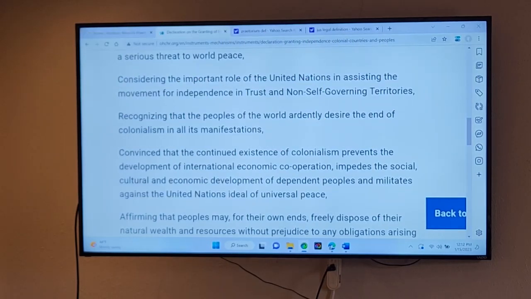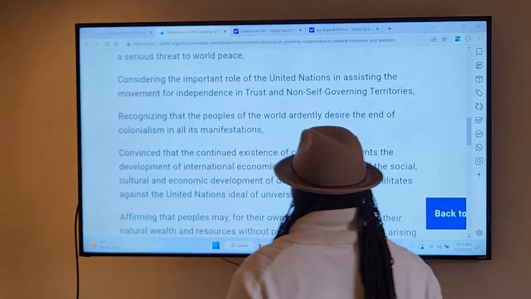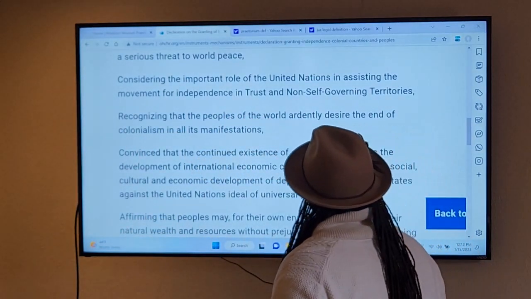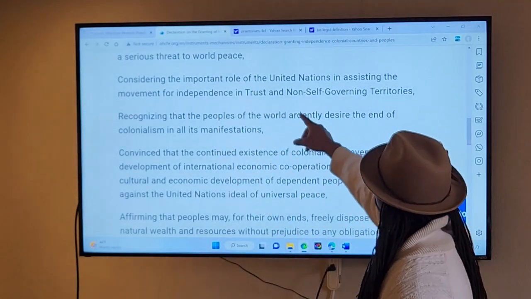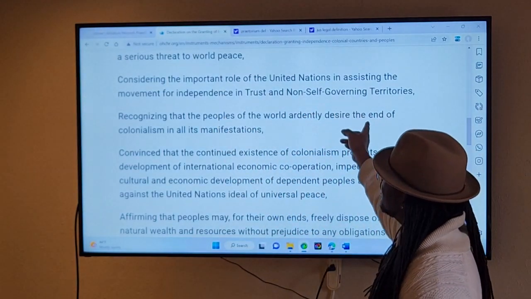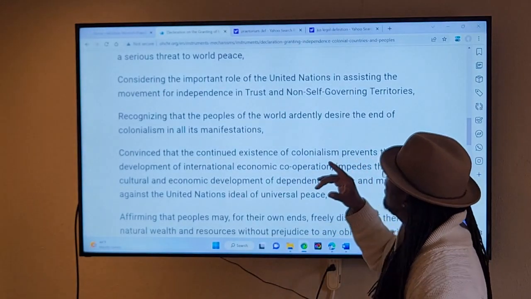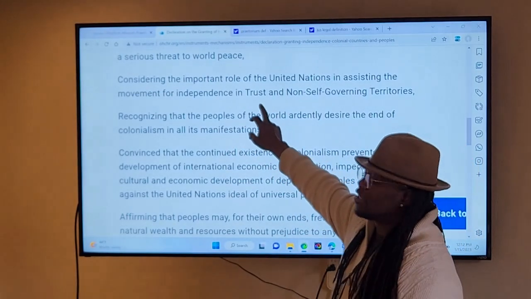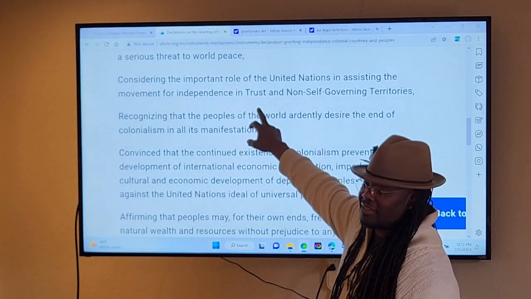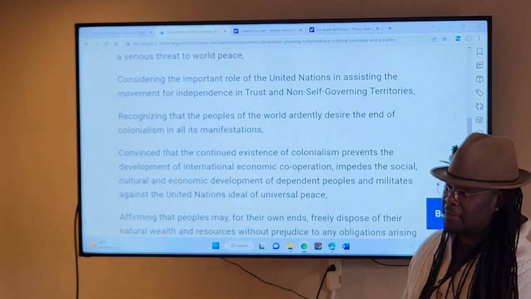Pause there. So in Allodium Moorish Parade, Monte Colorado's application to the United Nations, considering the important role of the United Nations in assisting our state in the movement for our independence in a trust territory and non-self-governing territories.